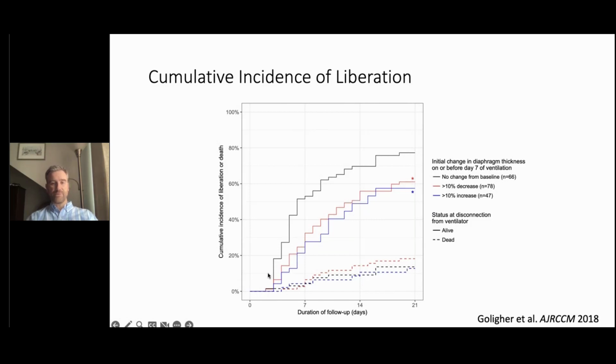And similarly, we found that both increases in diaphragm thickness are associated with delayed liberation from the ventilator. So here you see patients with no change in diaphragm thickness during the early course of ventilation are more rapidly liberated from the ventilator, whereas patients with early changes in diaphragm thickness have a lower probability of being liberated from the ventilator by day 21.